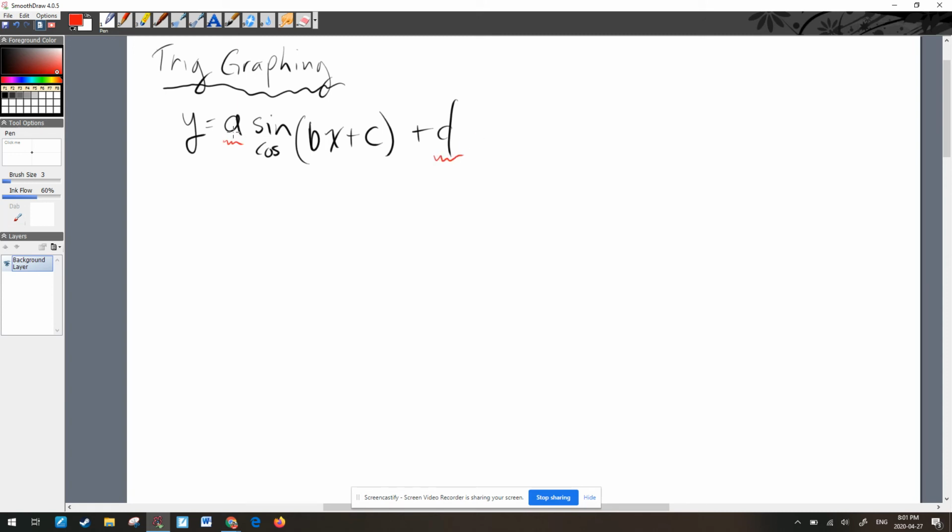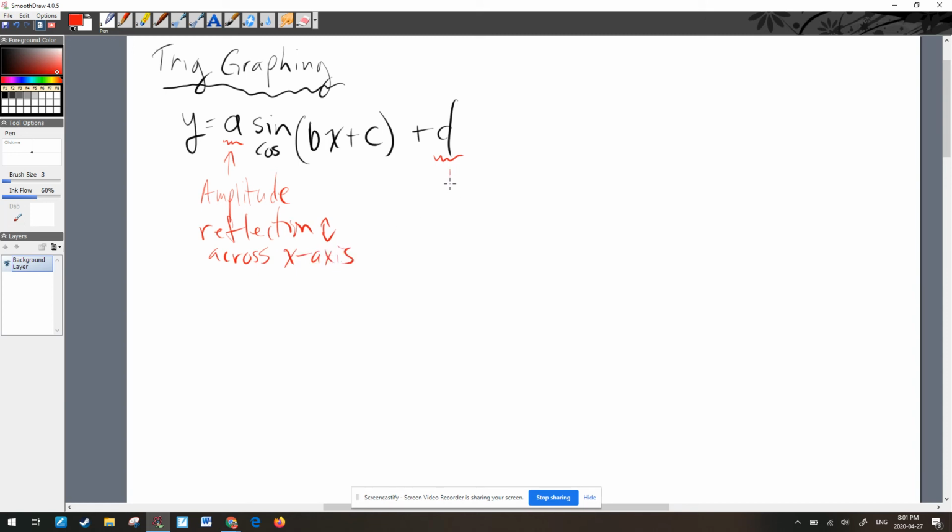A dictated the amplitude, which is how far away from the center line the function could get. It also could do a reflection up and down, called a reflection across the x-axis.